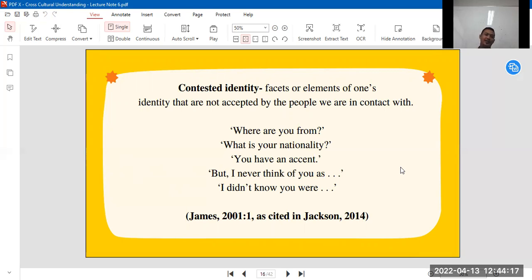That's why the identities of Sarah and also Ratna are questioned by these kinds of questions. Where are you from? What is your nationality? You have an accent like this, and so on. But I never think of you as blah. I don't know you because you are Spanish. There are a lot of questions.